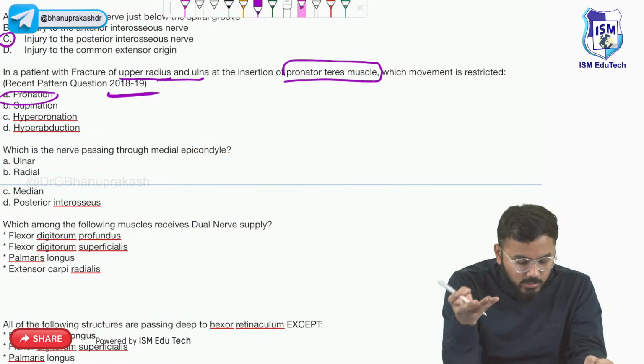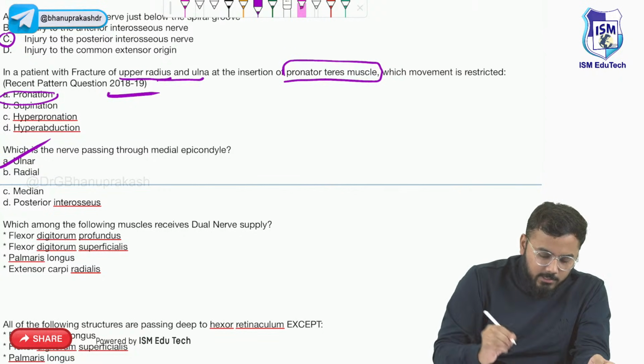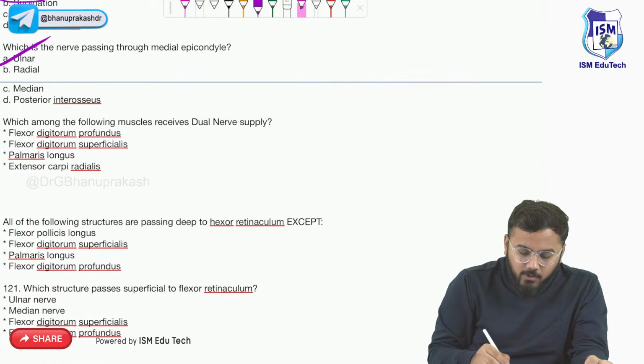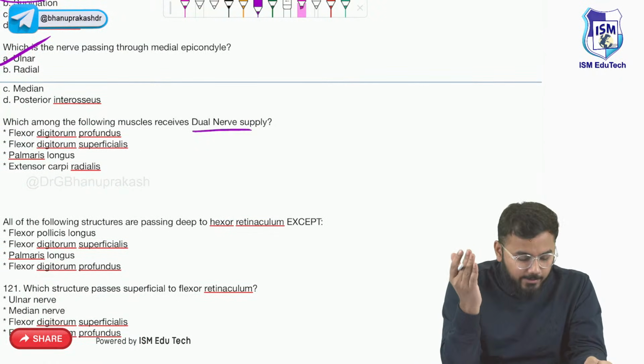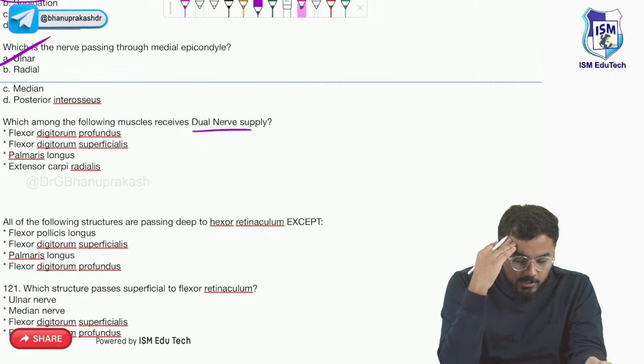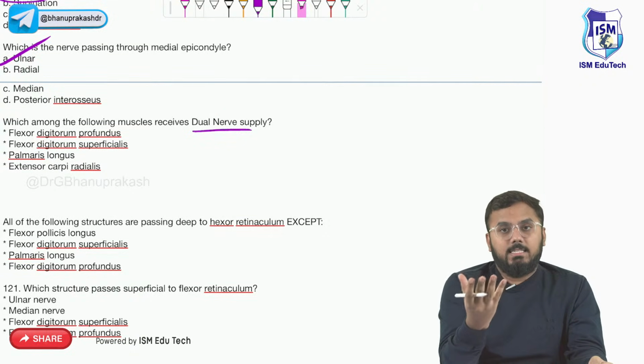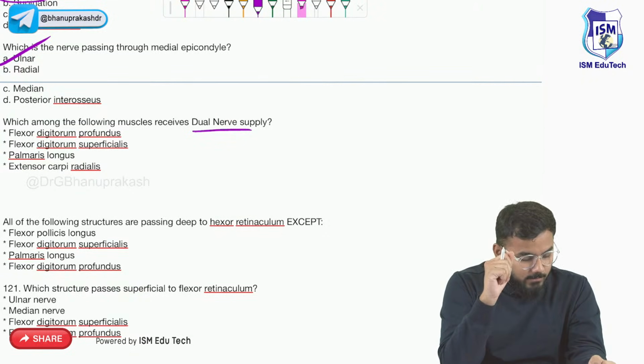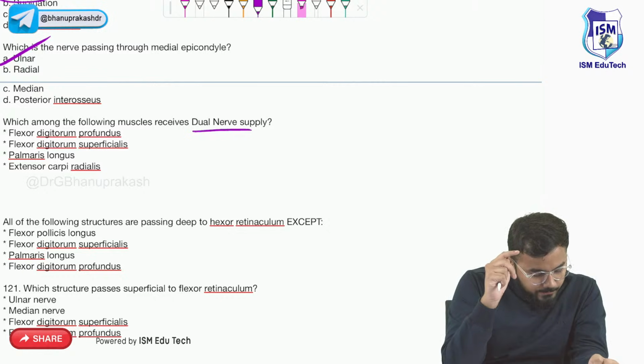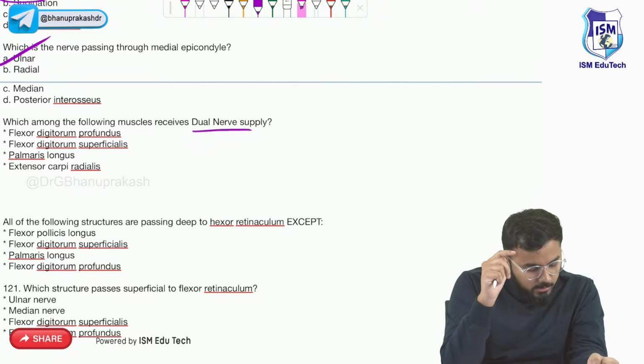Which nerve passes through the medial epicondyle? You will tell this easily, ulnar nerve. Which of the following muscles receives the dual nerve supply? Come on, which among the following muscles receives a dual nerve supply? Only one muscle is supplied by two nerves. Very good, Dr. Rahul.